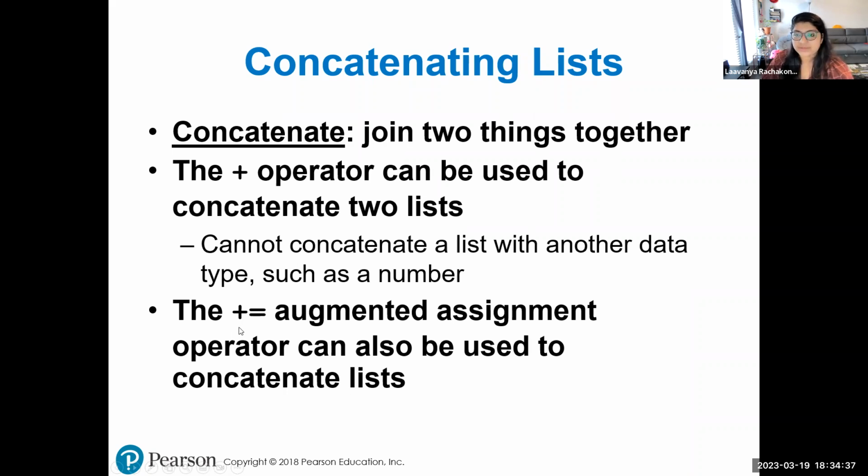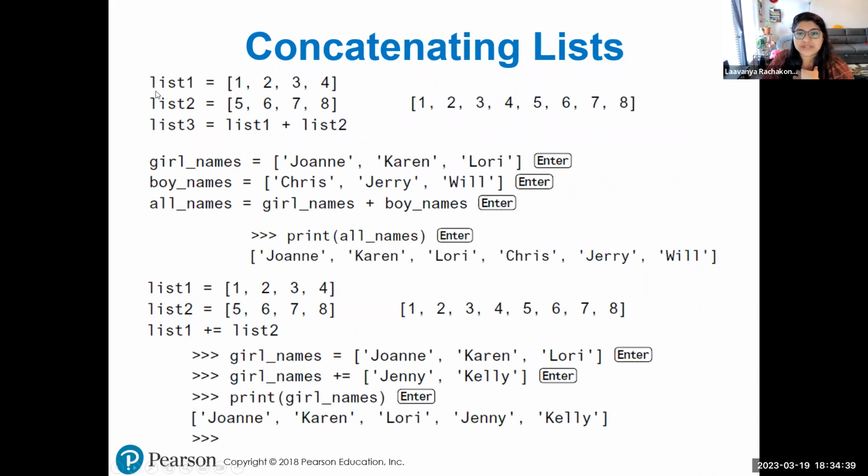We'll see some examples. Here we have list1 = [1, 2, 3, 4] and list2 = [5, 6, 7, 8]. To get a list3 which is a combination of list1 and list2, you can just use the concatenation operator, list1 + list2. Now list3 will have 1, 2, 3, 4, 5, 6, 7, 8.